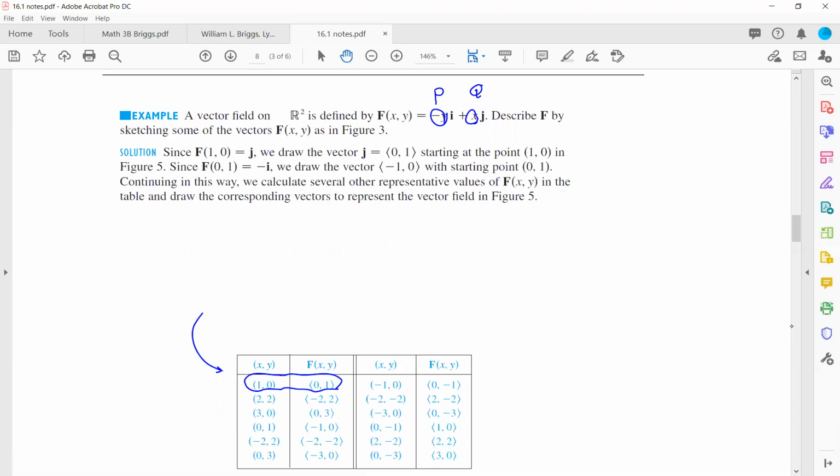So you can write it this way. You can say that I have 1, I have 0, and the last component, the output, is 0 and 1, which is a vector. Second point, you can take random points. It doesn't matter. You can take -1 and 0, x is -1, y is 0, and our function has -y and x, so we plug them in.